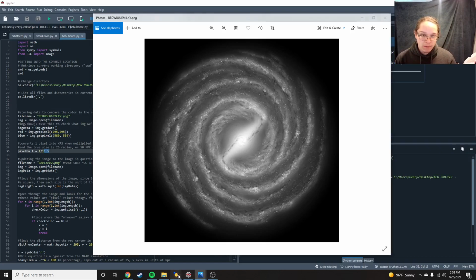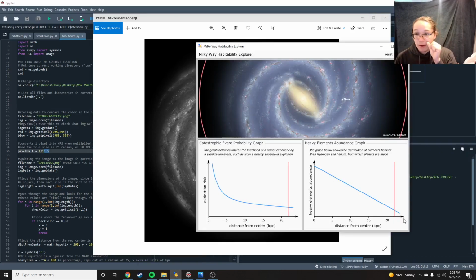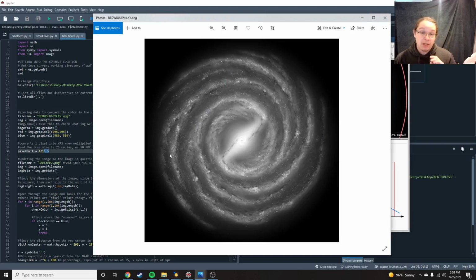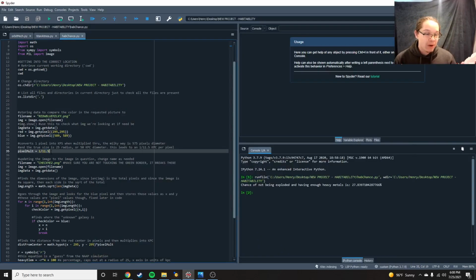And going off of this, the Milky Way is about 25 KPC, because that's where it died. So that was sort of the leaps and bounds I'm making. They're not the most accurate, but they work for this. That's why I have this pixel multiplier.